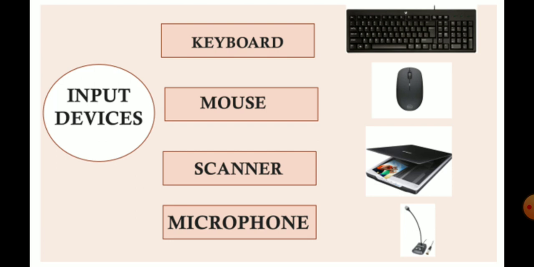The keyboards that we use these days are known as QWERTY keyboards, as the arrangement of the letters in the first row is QWERTY. That's why we call them QWERTY keyboards.